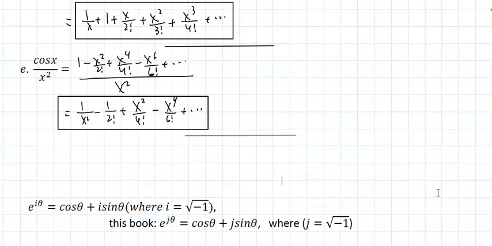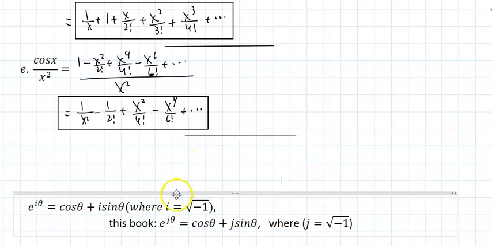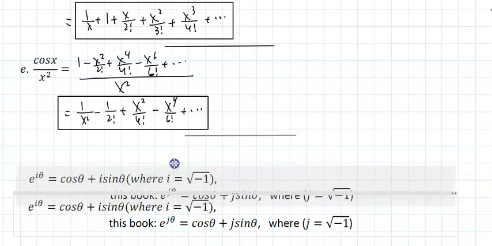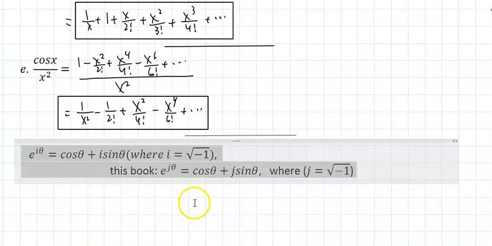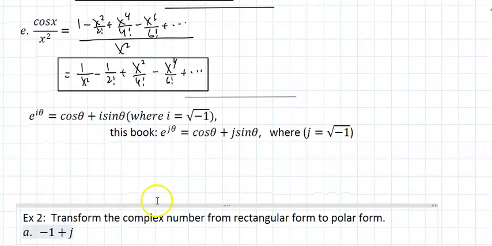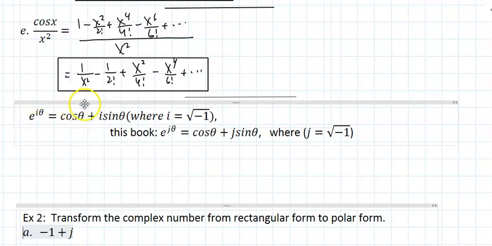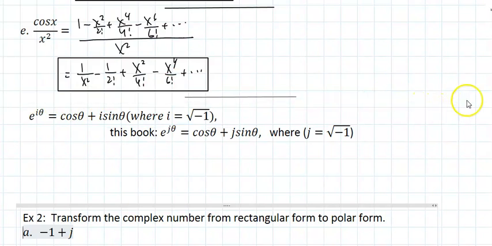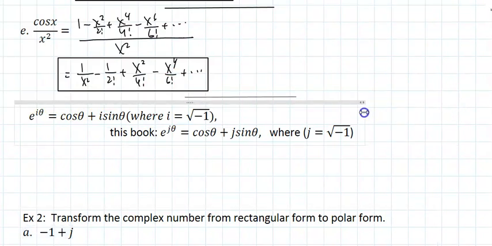There it is. Now, something that we need for chapters 11 and 12. We need the famous Euler property.